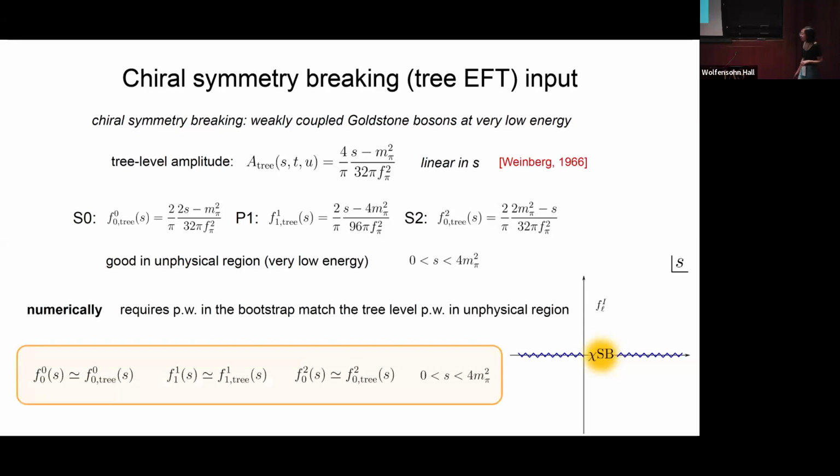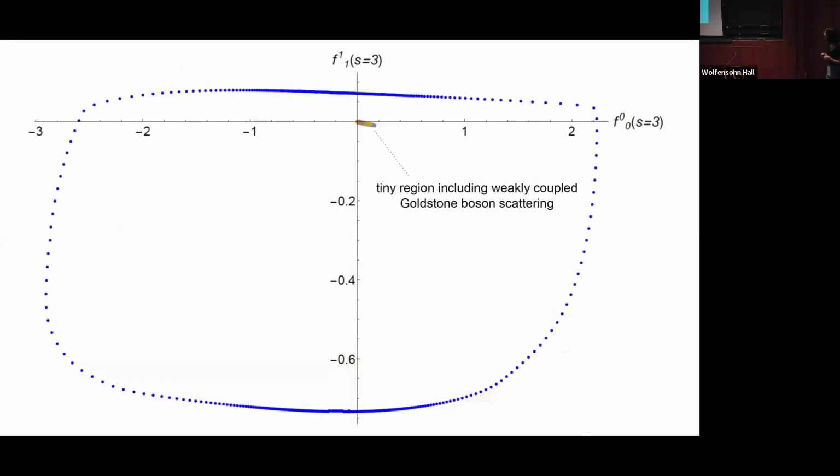So in the bootstrap, we're going to require that the partial waves match these tree level partial waves in this very low energy unphysical region. I'm not going to describe the technical detail of how this match is done. But once this is done, we look again at the projected space of amplitudes, and it quickly shrinks to a very tiny region that supposedly includes the amplitude that describes weakly coupled Goldstone boson scattering.